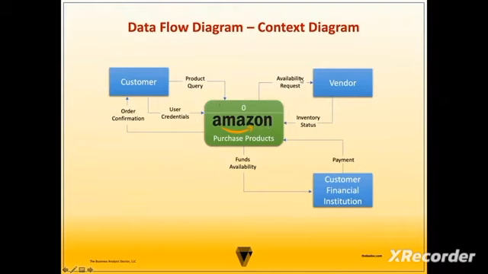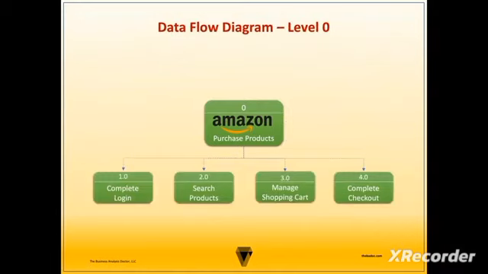Amazon then sends an availability request to the vendor, and the vendor provides an inventory status. Then Amazon checks the availability of funds from the customer's financial institution. If the funds are available, the financial institution sends a payment to Amazon. Then Amazon will send an order confirmation back to the customer.